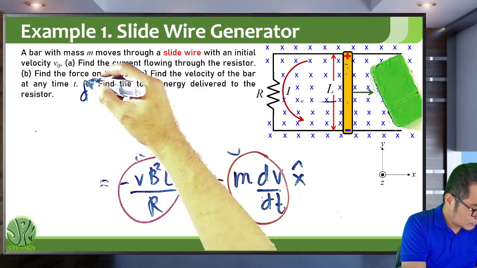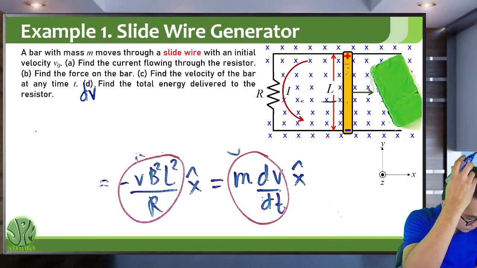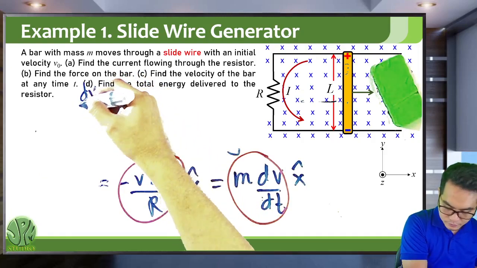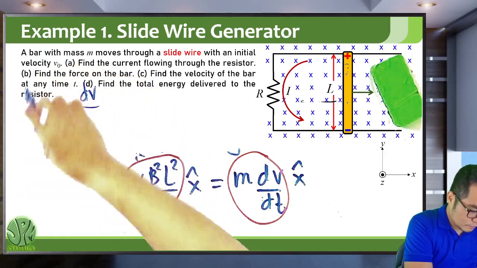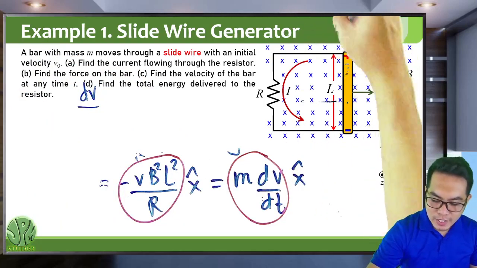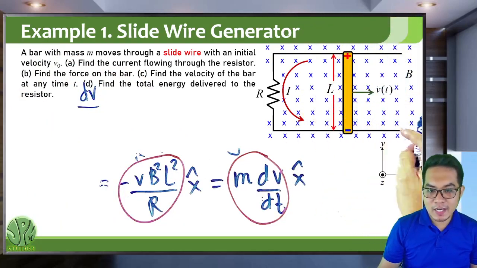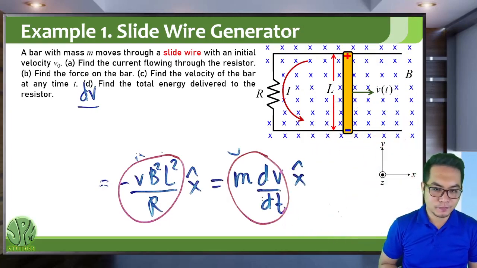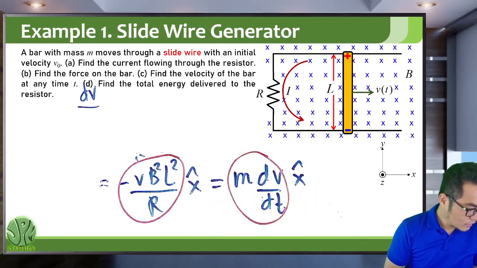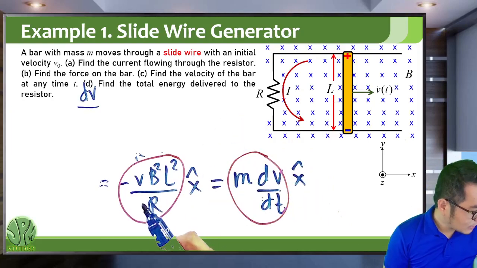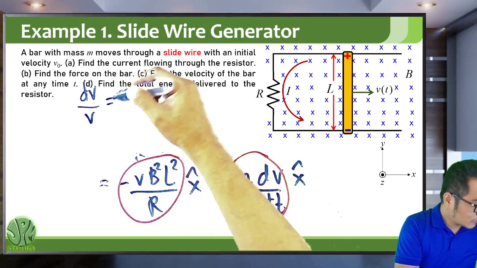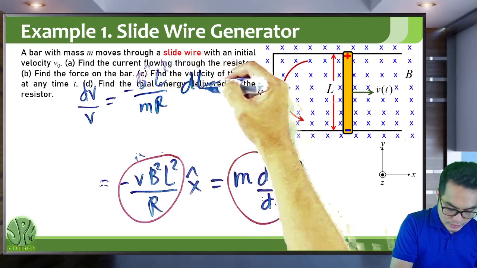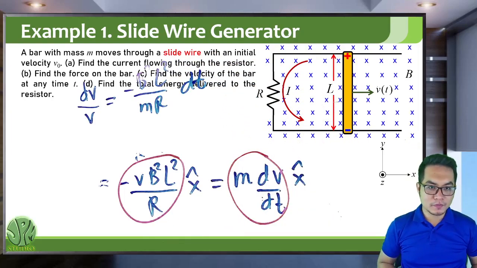By the way, take note that the velocity is directed to the positive x-axis, so dv/dt will also be along the positive axis here. So you will have dv over v is equal to negative B squared L squared over mR dt, from equating that one.